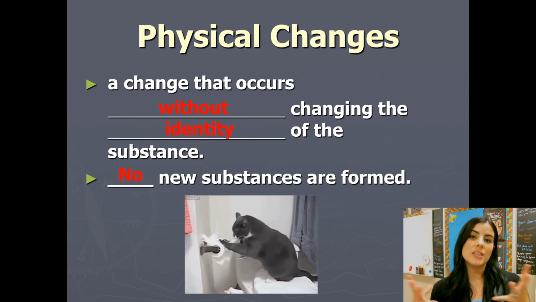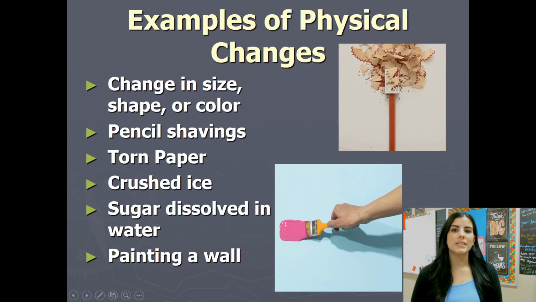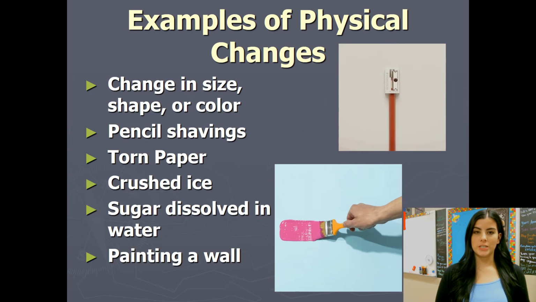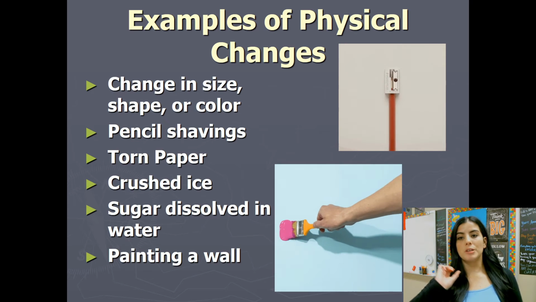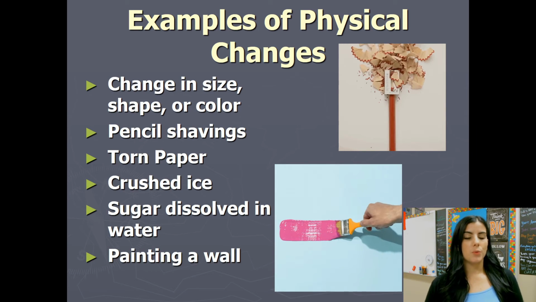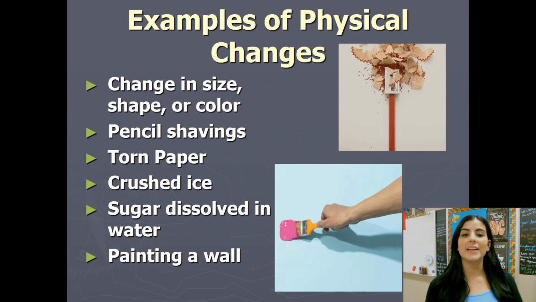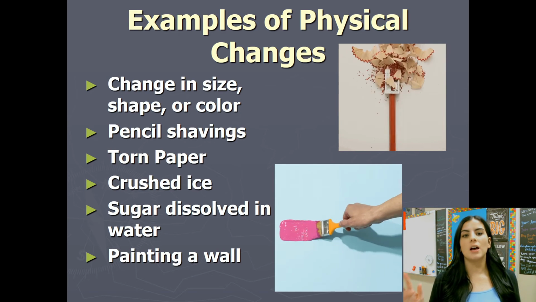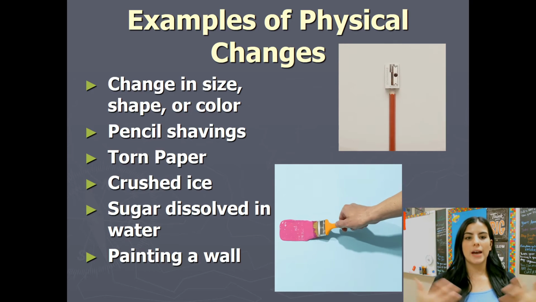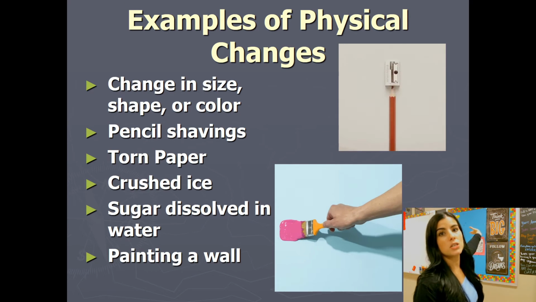It changes the appearance, but not what it actually is. All right, some examples of physical changes are change in size, shape, color, sharpening a pencil, ripping paper, crushed ice, sugar dissolving in water, and painting a wall. You are changing the physical appearance of something, but not changing what it actually is. No matter what color these walls are, it's still a wall, okay?